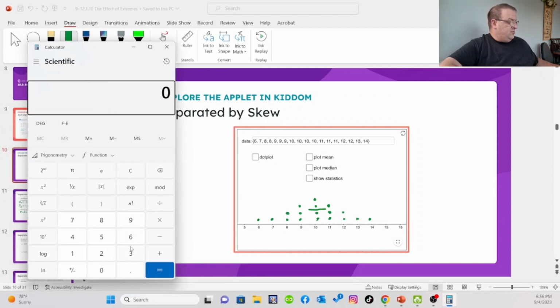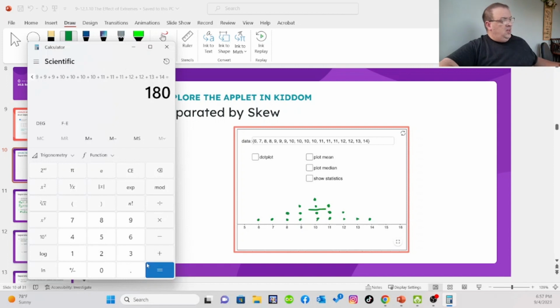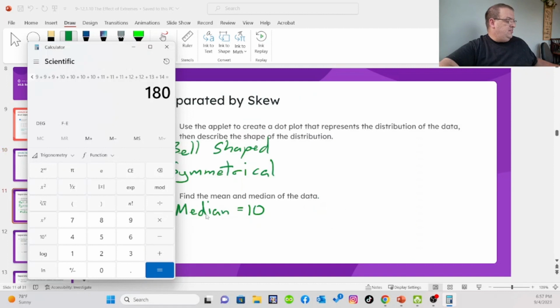So in this case, we're going to add all of these numbers together. And we get a sum of 180.